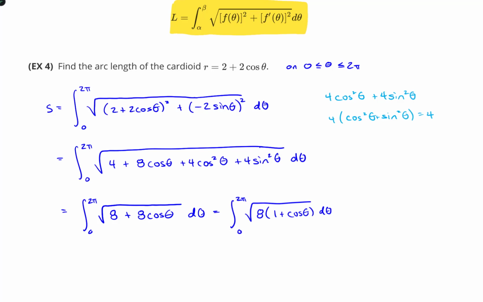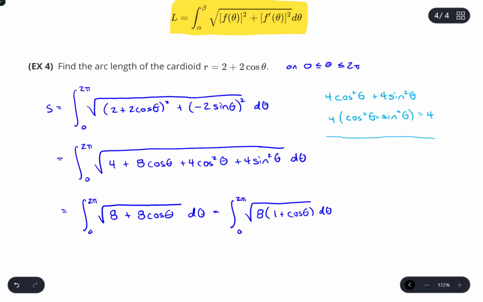All right, so what would be nice is if we could rewrite this so that there's a perfect square involved and we could take the square root and basically remove it from the question. So we can almost do that using some different identities. If you'll recall, there is an identity which is known as the power reducing identity. We've talked about that quite a bit in this class.